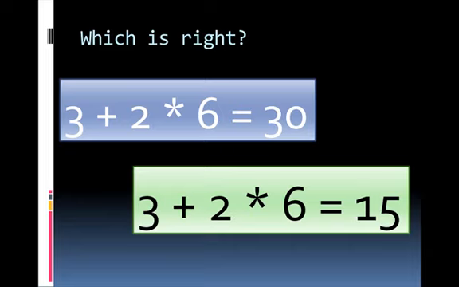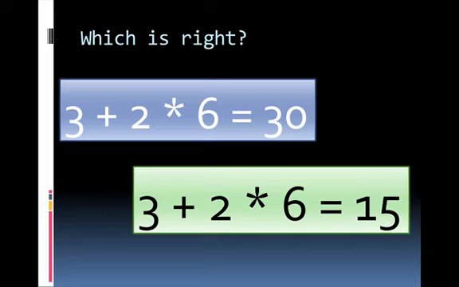The order of operations in math, at least that I learned in school, was multiplication and division come first, from left to right, then addition and subtraction. In this case, that would make the second box correct.